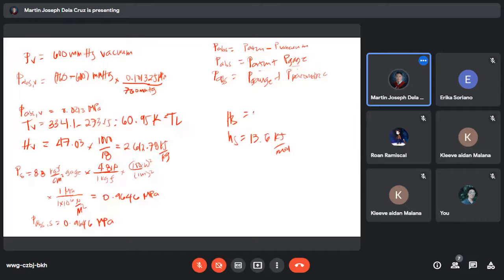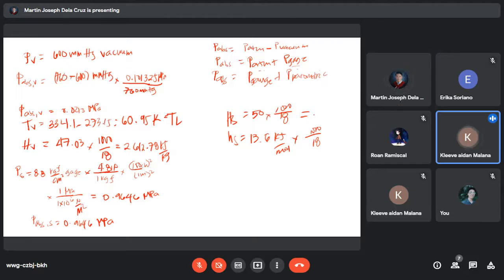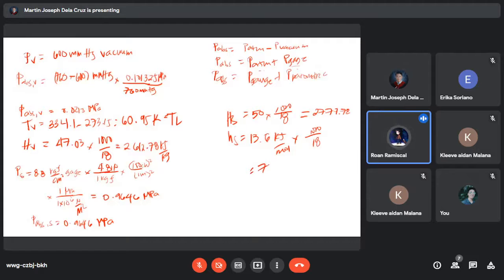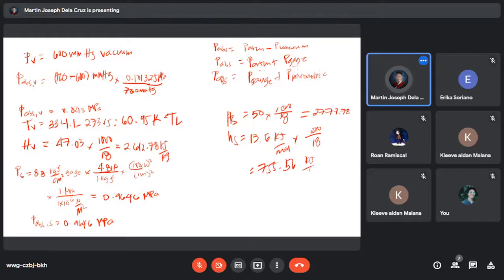So 50 times 1,000 over 18. That gives 2777.78, and the other one is 755.56. So this is in kilojoule per kilogram.